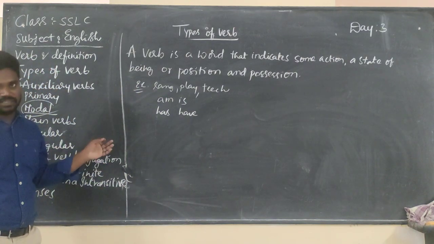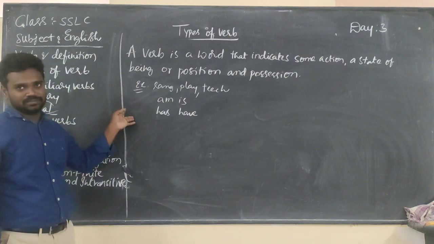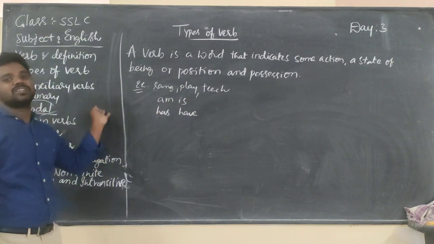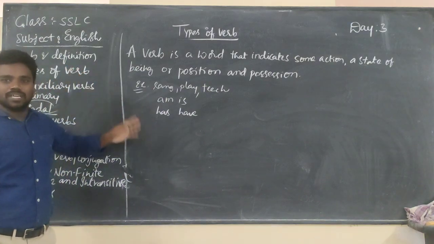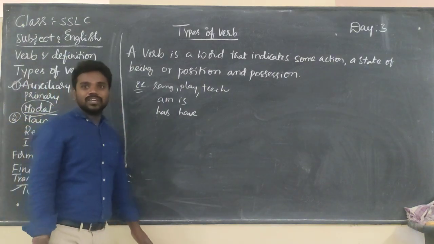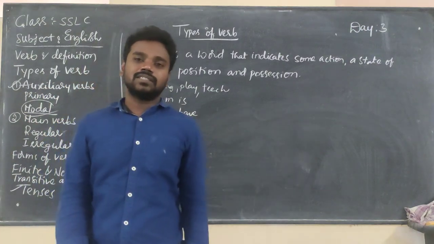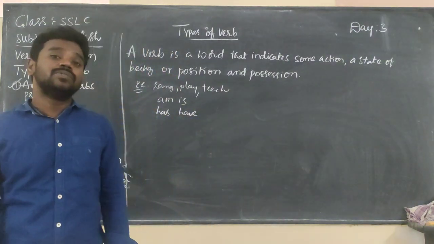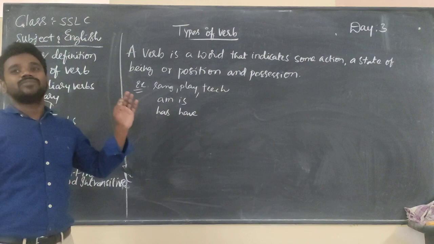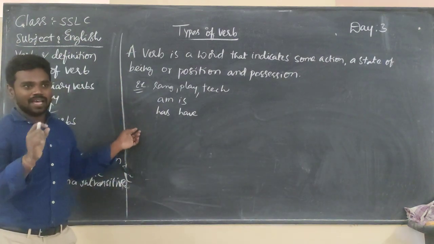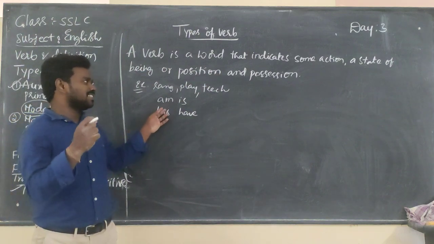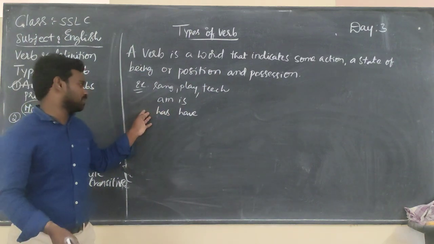Based on the definition, that means based on the function of a verb, a verb can be classified into two types. So how do we categorize the verb? We categorize the verb based on the function. So for example, here I am a teacher. So am here functions as a state of being or a position.